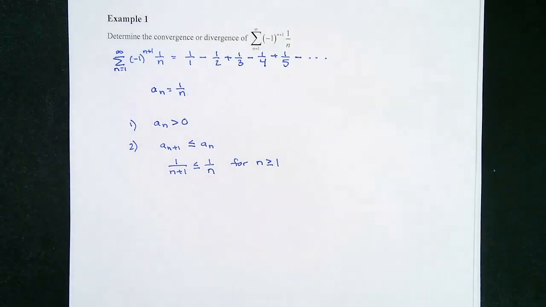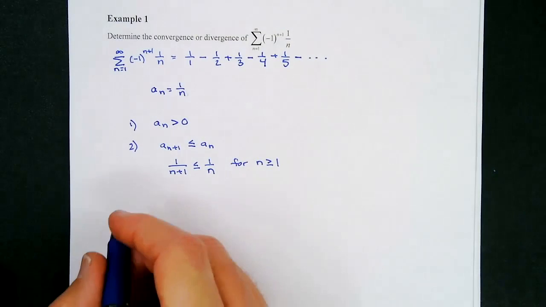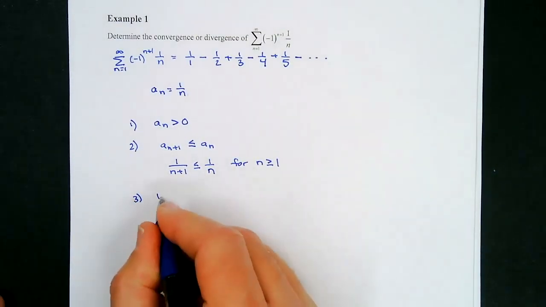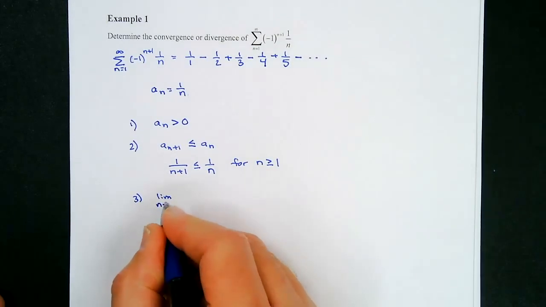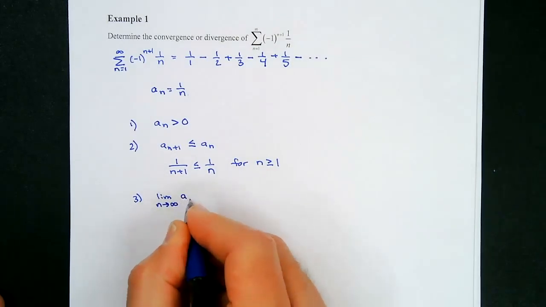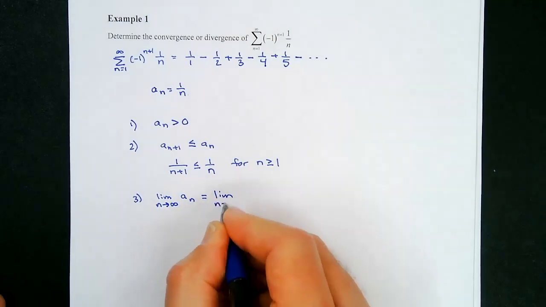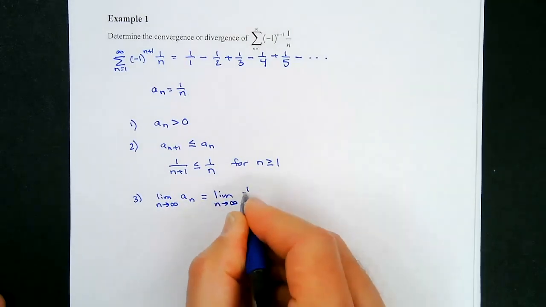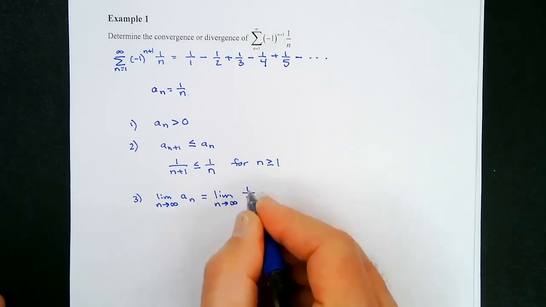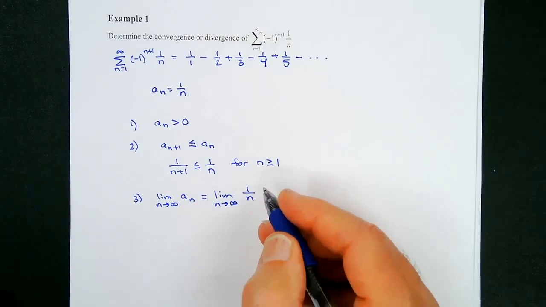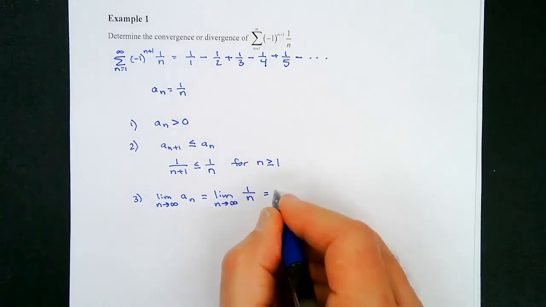Okay. Now, the next thing we got to show is number 3 is that the limit as n approaches infinity of A sub n, and that would happen to be equal to the limit as n approaches infinity of 1/n, because A sub n is 1/n, then what happens as n goes to infinity? Well, this gets closer and closer to 0.